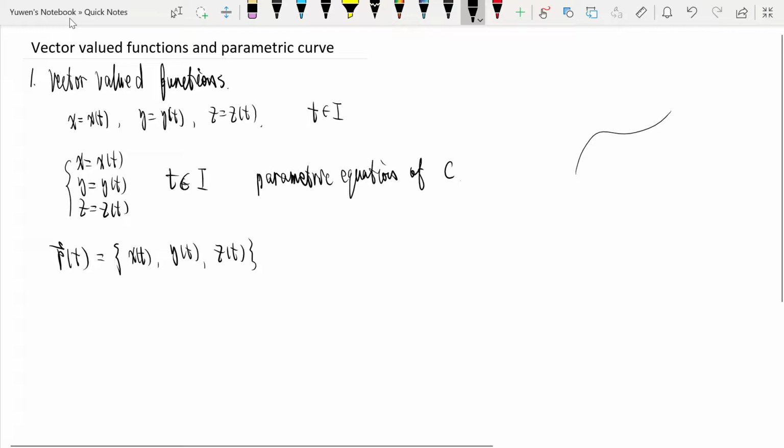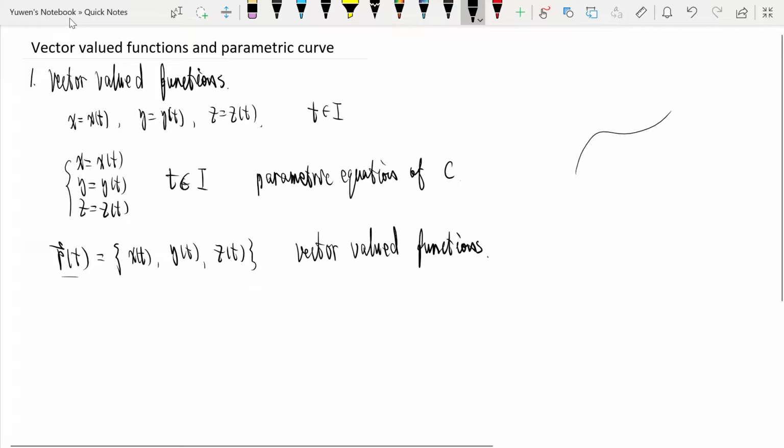Then we call r(t) a vector valued function, because its range consists of vectors.